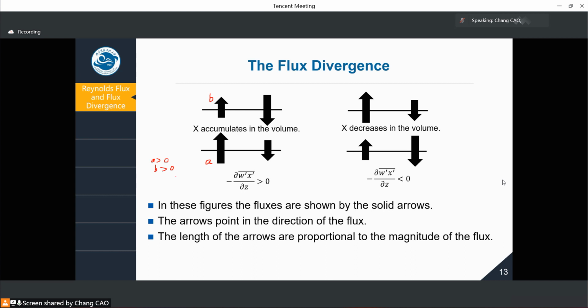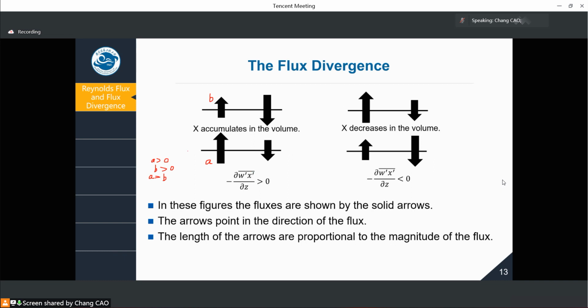How do we define whether A is bigger or B is bigger? We look at the length of the arrow. From this picture, A has a longer length than B, so A is bigger than B. And A and B represent the Reynolds flux here.